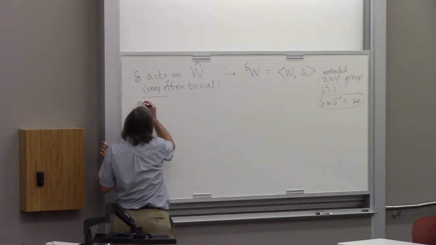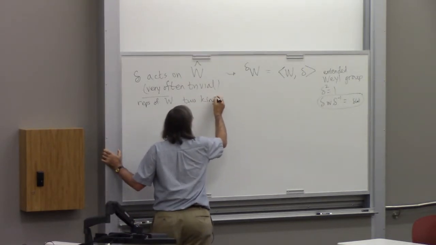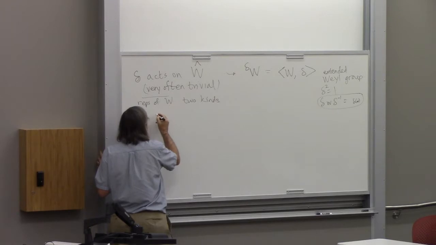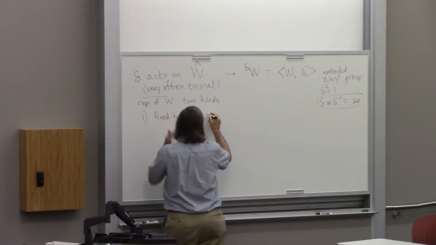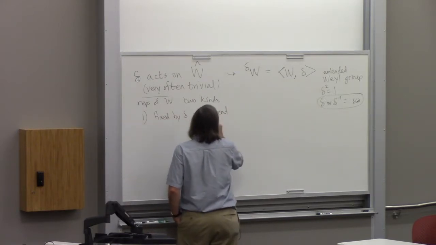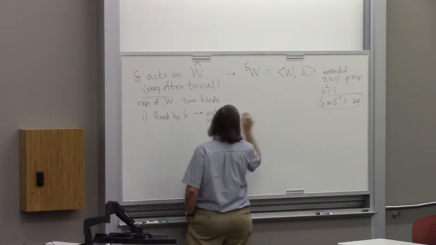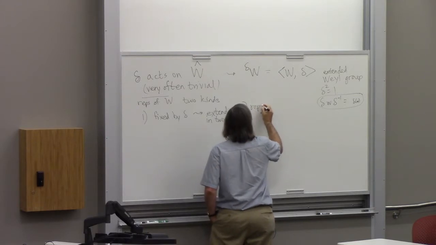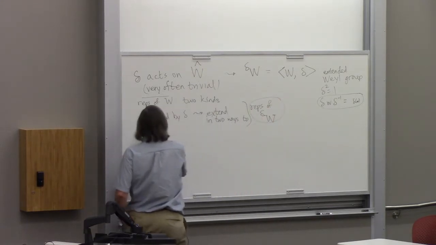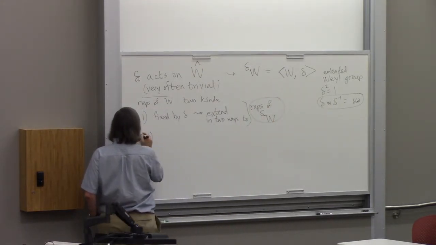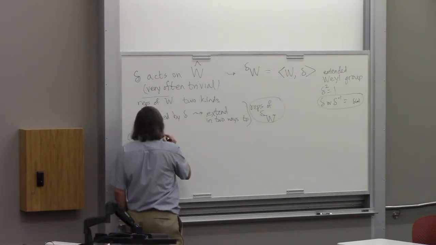So the representations of W now are of two kinds. The first kind are fixed by delta, and these extend in two ways to representations of this extended group.